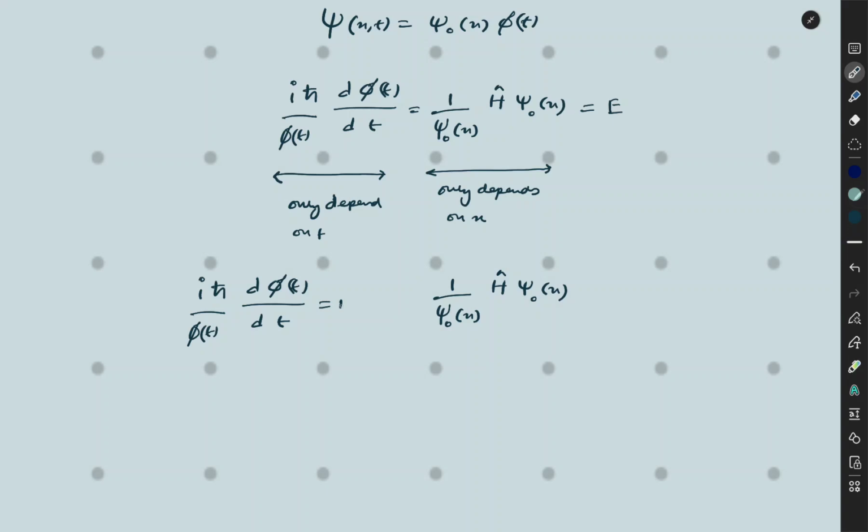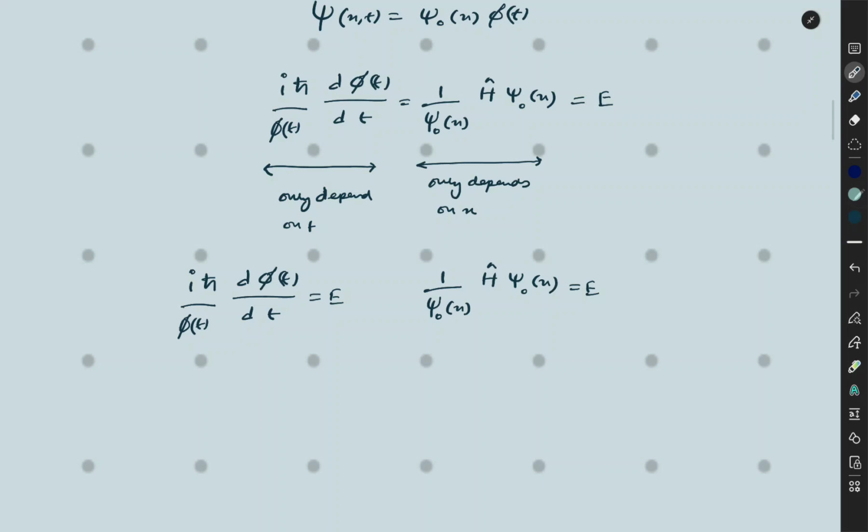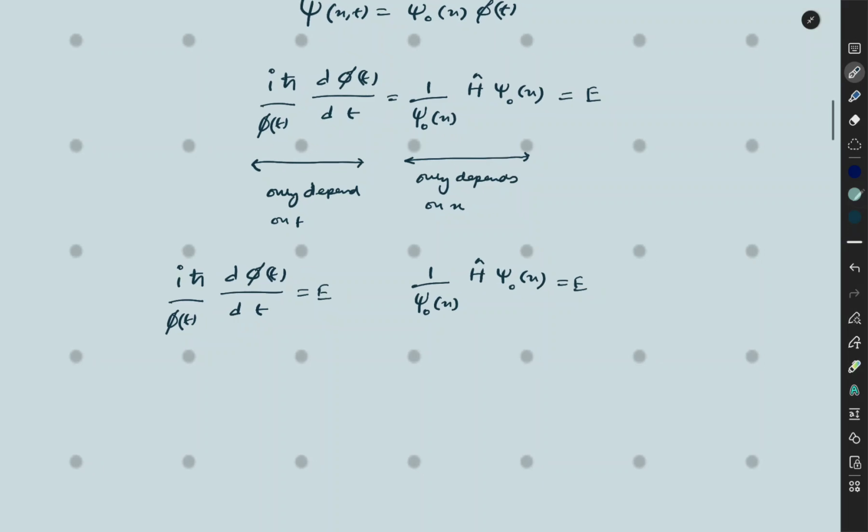So this is also E and this is also E, and E is a constant. So why did I call it E? If you look at the right hand equation, the Hamiltonian operator is an energy operator, and the expression Hamiltonian of psi naught by psi naught has a unit of energy. So we rightly identified this separation constant E as the total energy of the system.